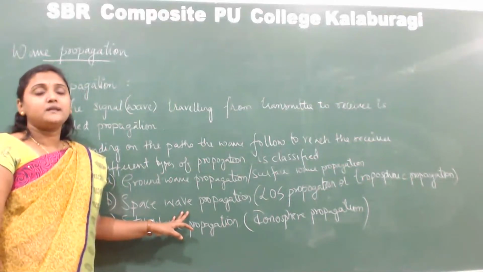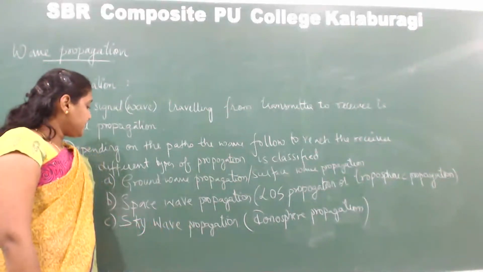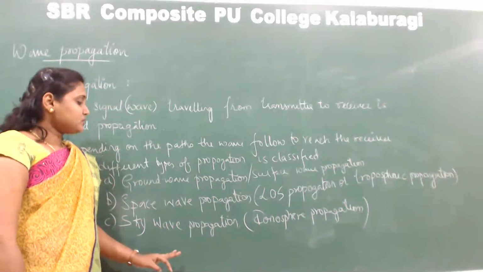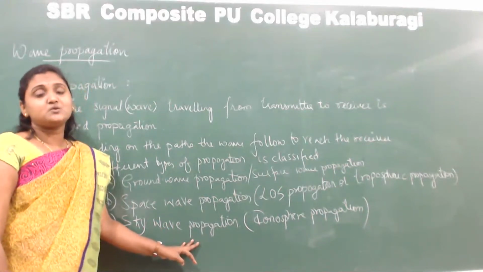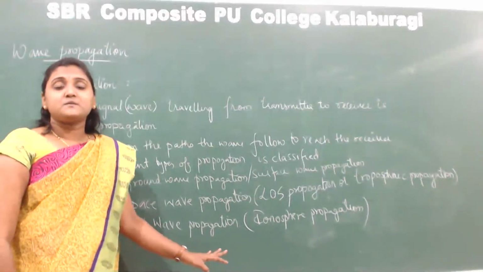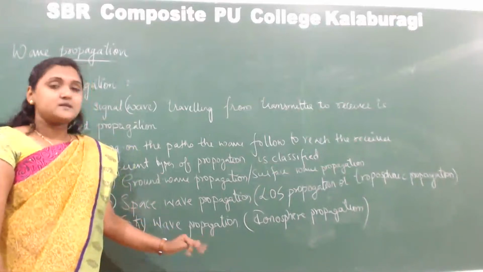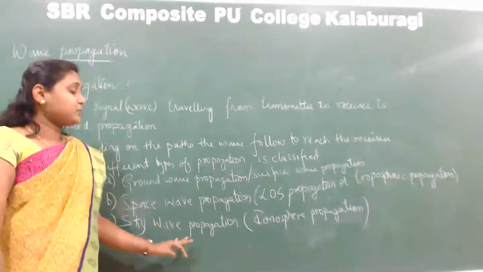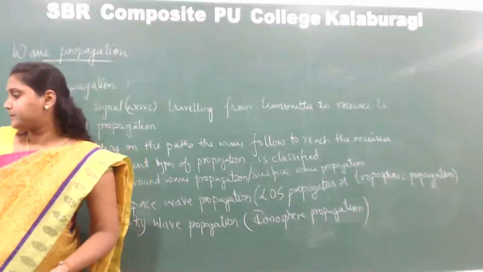What about skyway propagation? When the signal is transmitted from the transmitter, it is reflected by the ionosphere and reaches the receiver. Such propagation is called skyway propagation.